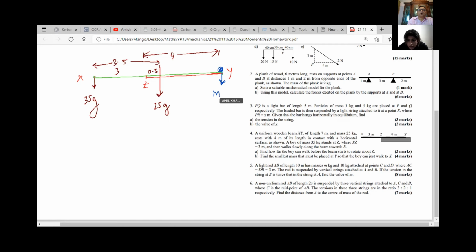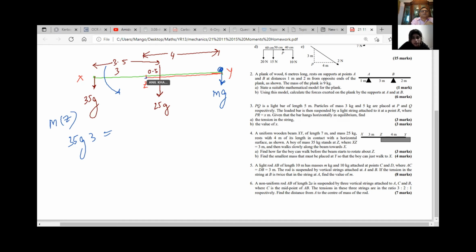Which is mg, to counteract. So we have the moment because of the boy, which is anti-clockwise, and that is 35g, and the distance is 3. We are taking moments about z. Is it okay? How come you chose to take it about z? Because that is the tilting point, right?